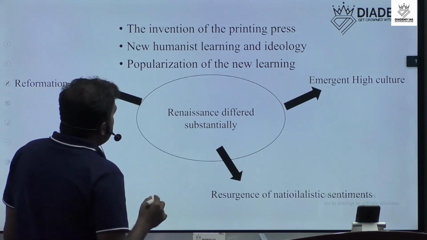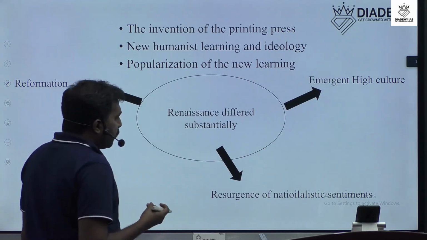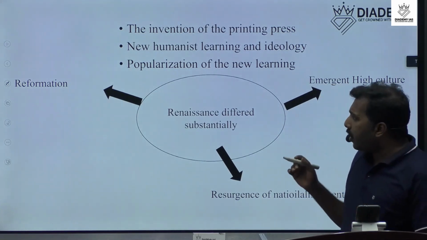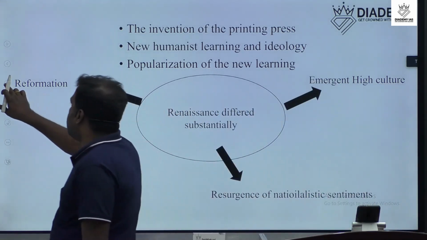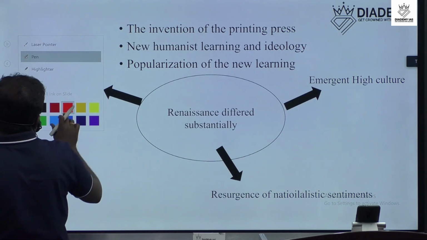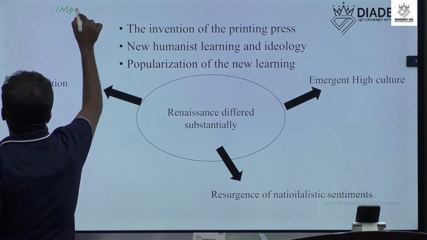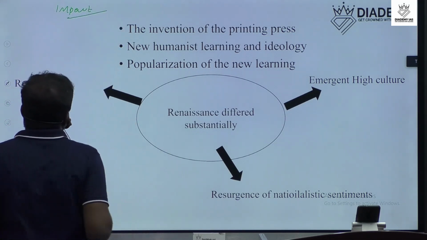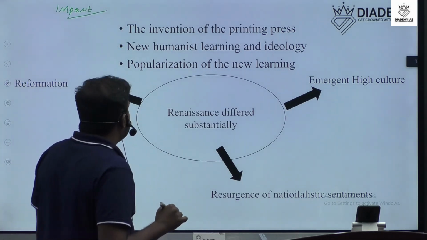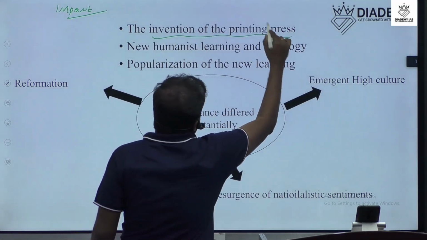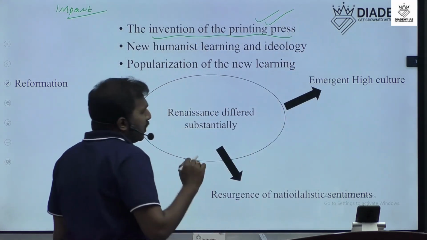What is the impact of Renaissance in England? So here, the role and impact of Renaissance, or the result of Renaissance. It means the intervention of the printing press, the consequence.